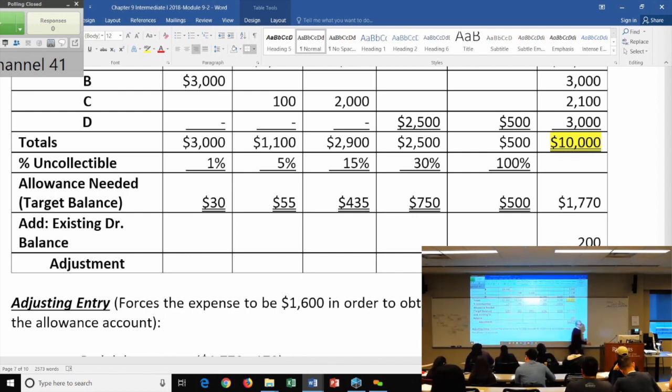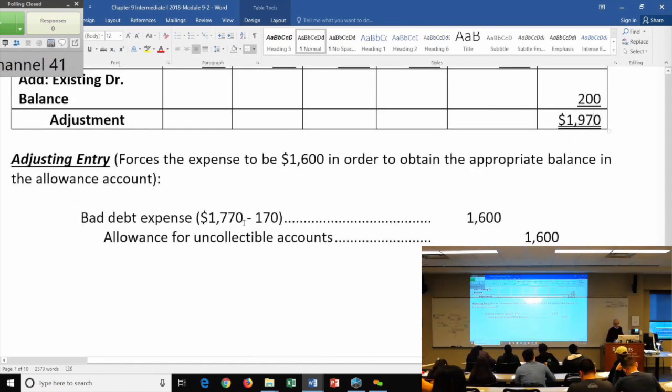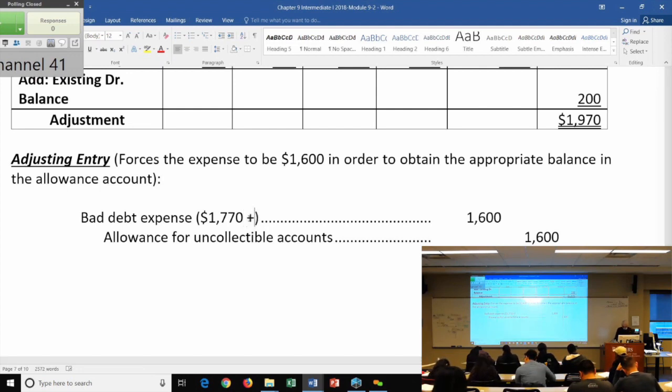And this now becomes the amount to make the entry.